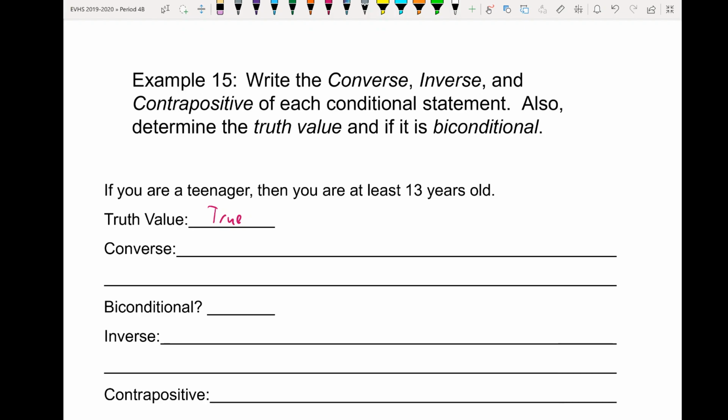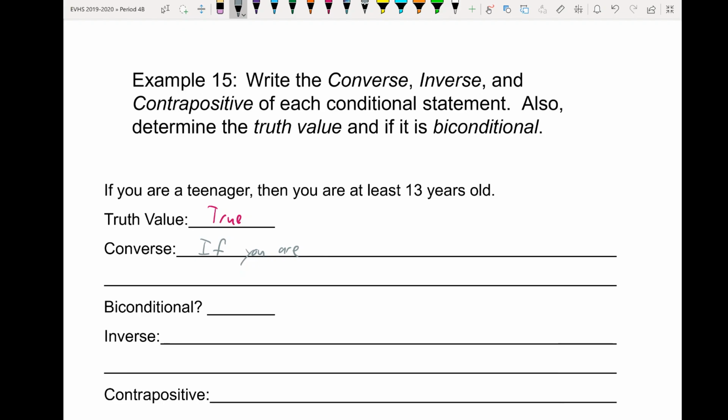All right, now, converse. I'm going to abandon my blue and orange highlighters here because I think we've got it down now. What do I do for converse? Negate or flop? Look back if you don't remember.